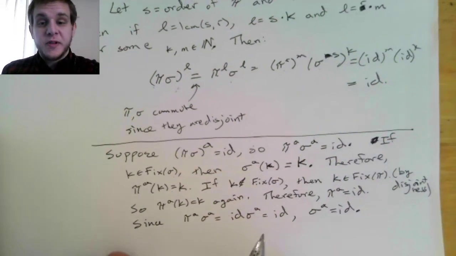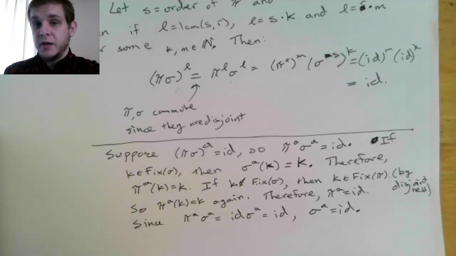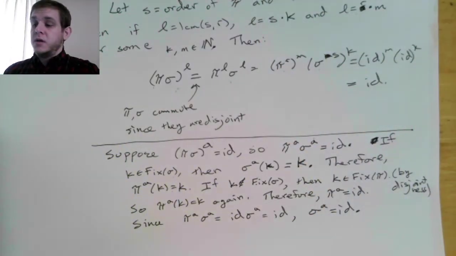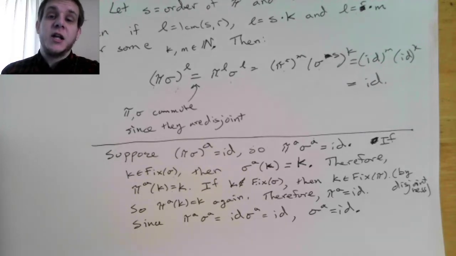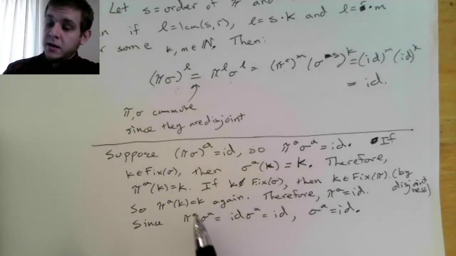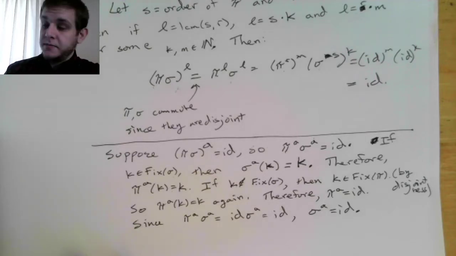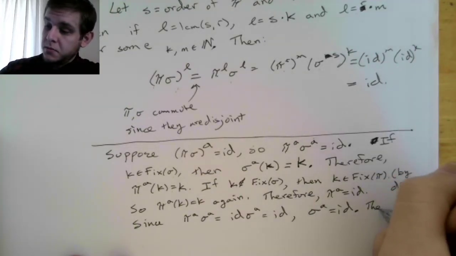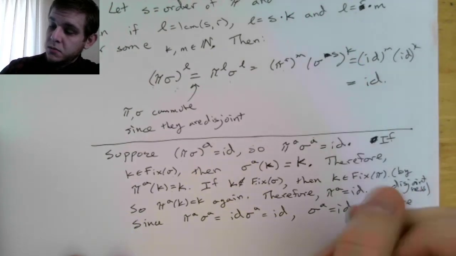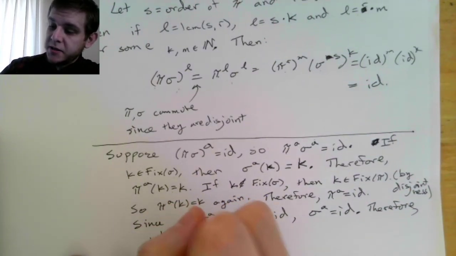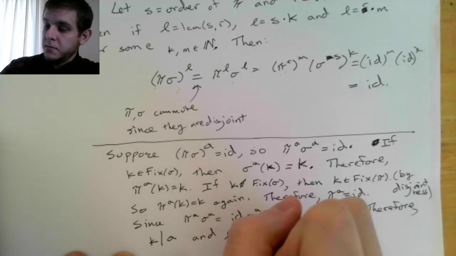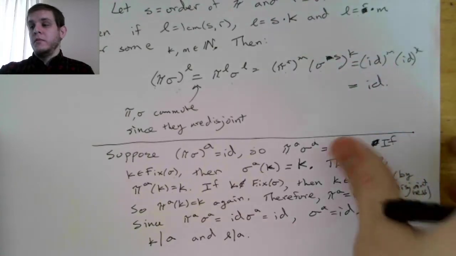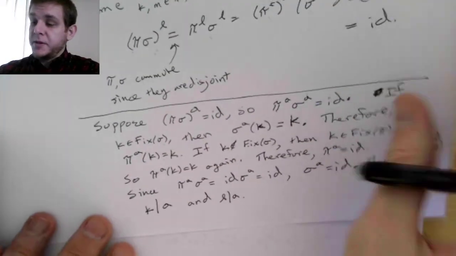Now what did we prove? We proved that if you take one group element, and some power of it is equal to the identity element of the group, then the order has to divide that power. So S divides A, and R divides A. And now we just need a basic little lemma.